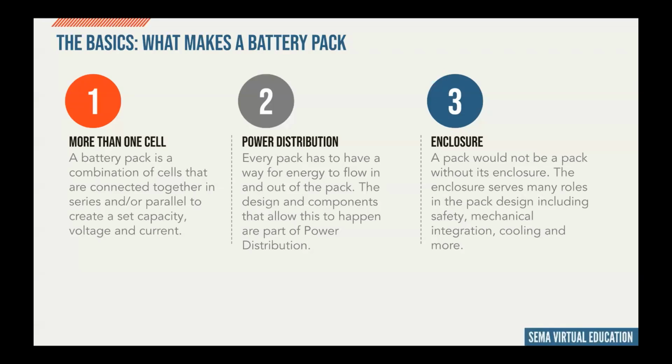This presentation is really much more focused around battery packs in use of traction applications or vehicle applications. So the power distribution design, or the way that energy can flow out of the pack and be used in a system, is very, very essential. And without it, it is a module and not a pack.